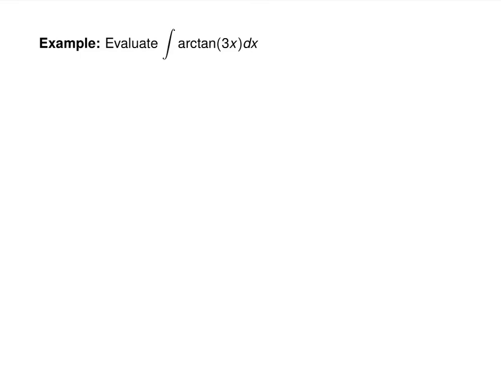Now next, this one feels as if there isn't enough stuff here to do integration by parts, but there actually is. You have to let one of the pieces be dx. And since you don't know how to anti-differentiate arctan, you have to let that be your u. So u will equal arctan of 3x. du is 1 over 1 plus the quantity 3x squared times 3 dx.